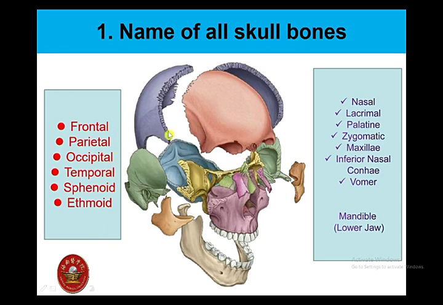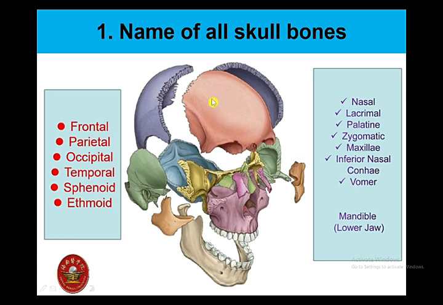So the cranial bone, first of all, here we can see here the frontal bone, which is single, two parietal bone, occipital bone, single, two temporal, sphenoidal, yellow color, single, and here we got the green color bone, that is the ethmoidal.